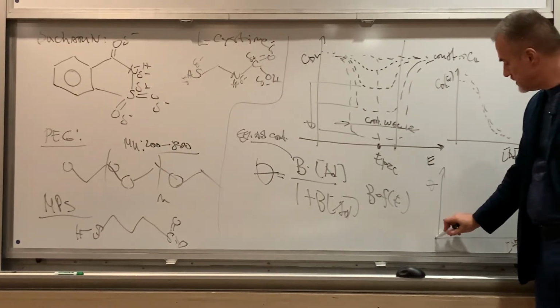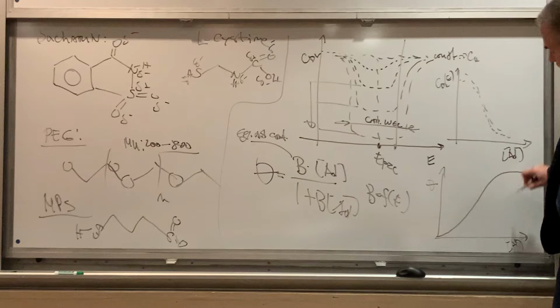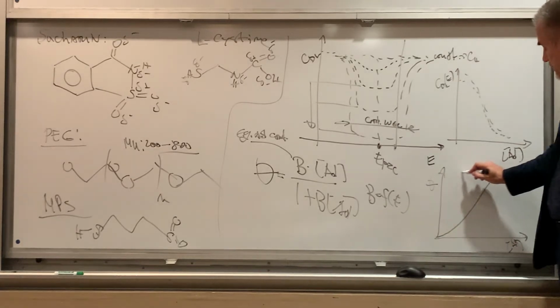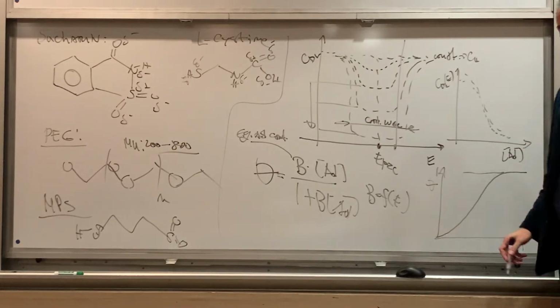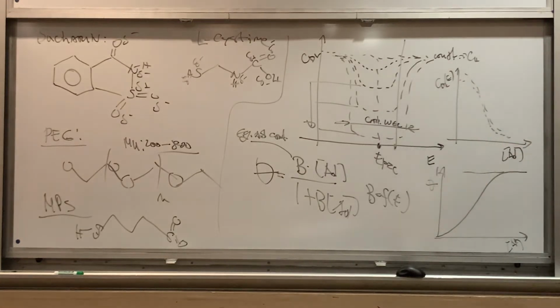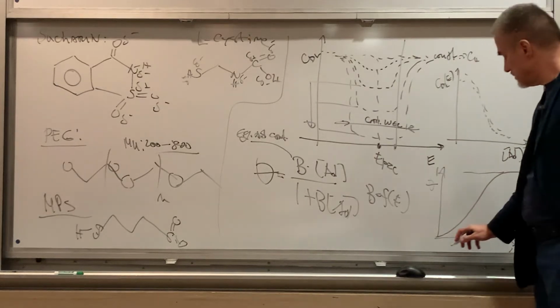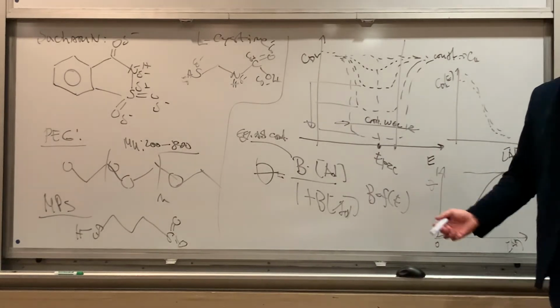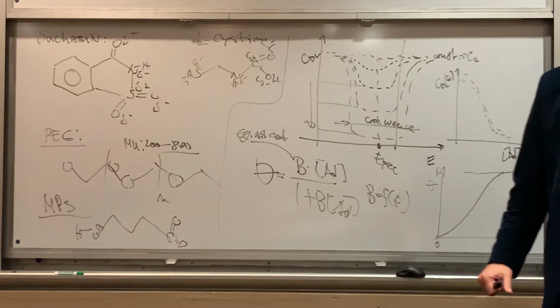Now, if you plot coverage of this additive as a function of the concentration, what you're going to get is something that looks like this, where this is going to be 1. Maximum coverage of the additive on the surface is 1. That means the whole surface is covered by additives, right? At 0, it will be 0, obviously, no additives present.